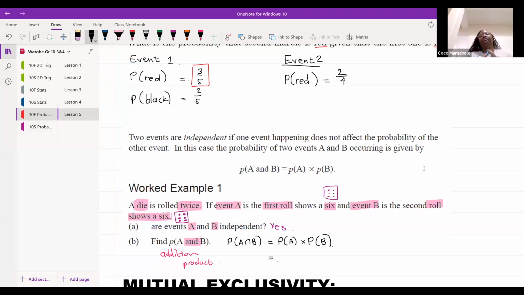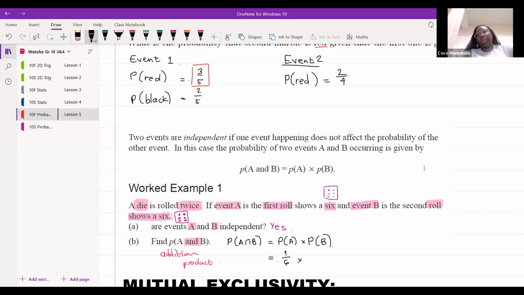Beautifully done. Okay, so fill in the blanks. What is the probability of event A? The probability of rolling a 6 on the first one. So the probability of event A is going to be roll a 6 first. Correct. 1 over 6, good. Times the probability of event B. It shows a 6.